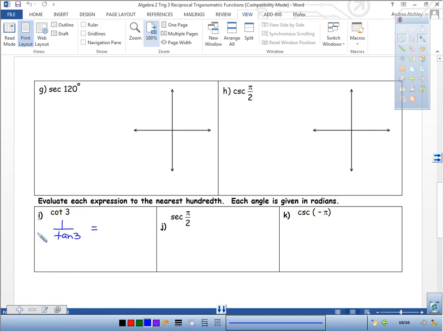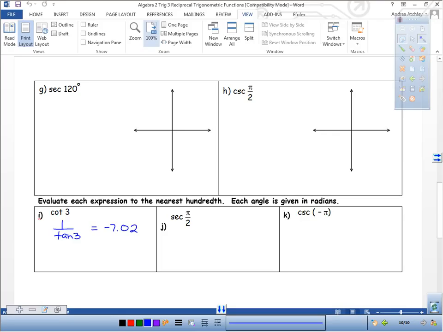And it's going to give you a number. You should get negative 7.0.